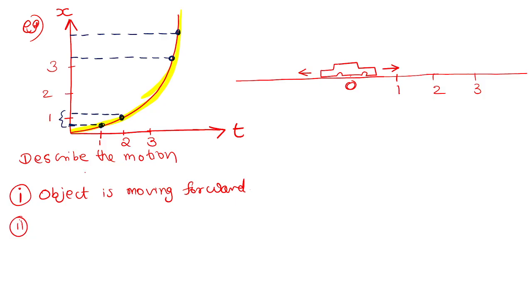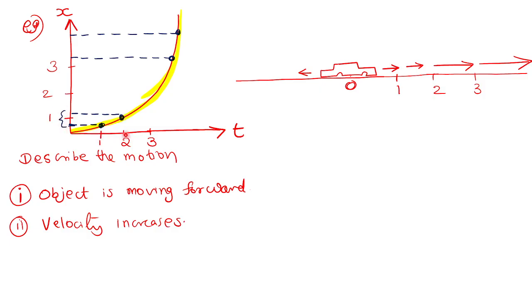I will repeat, don't worry. The velocity increases, or speed increases. So as the time increases, the speed of the car increases. In two ways I can discuss that. Velocity means the displacement in 1 second time.